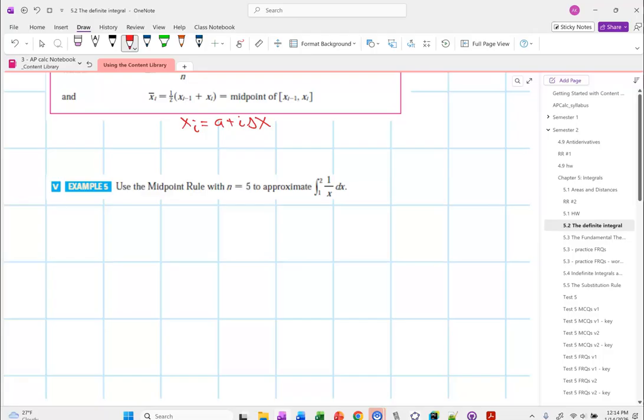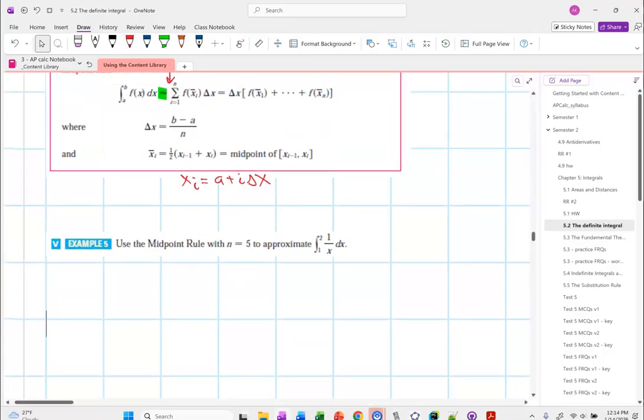Okay. So this example says, use the midpoint rule with n equals 5 to approximate this integral. So I'm going to be using this formula up here. The a is 1, the b is 2, the n is 5, and our f of x is 1 over x. So far so good?